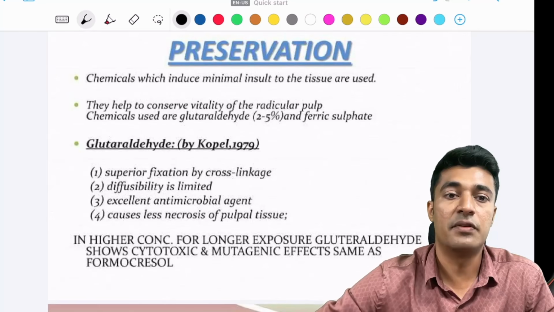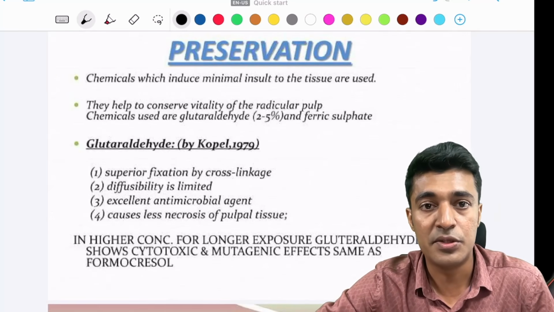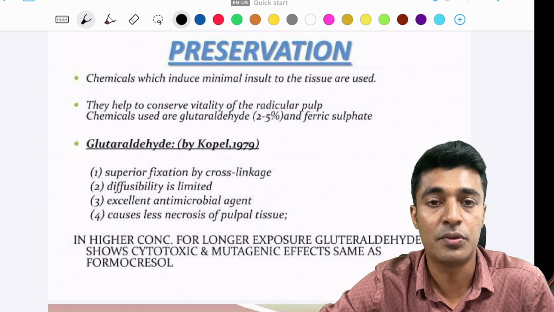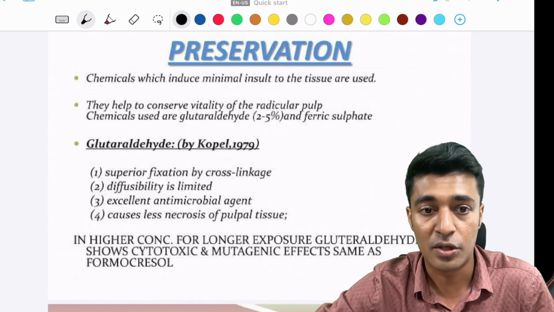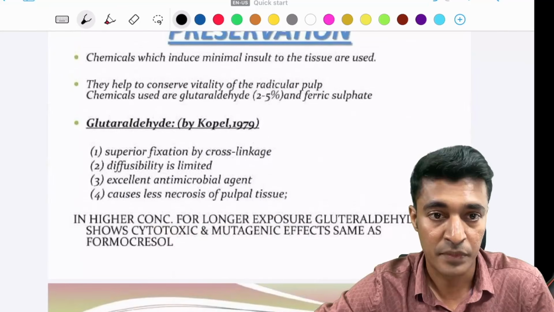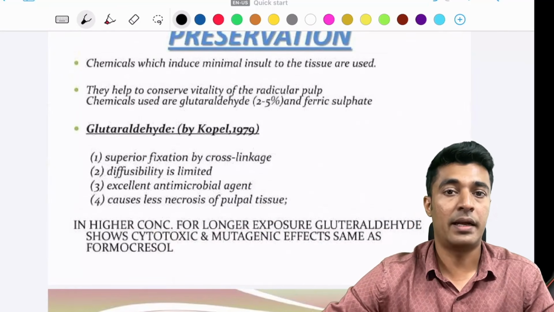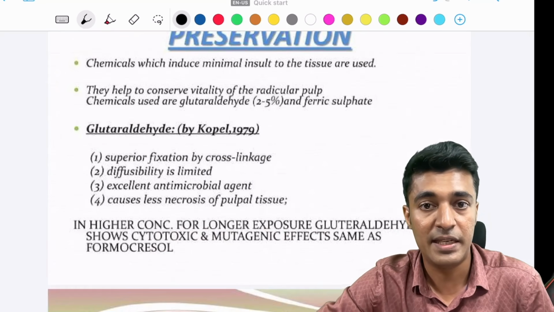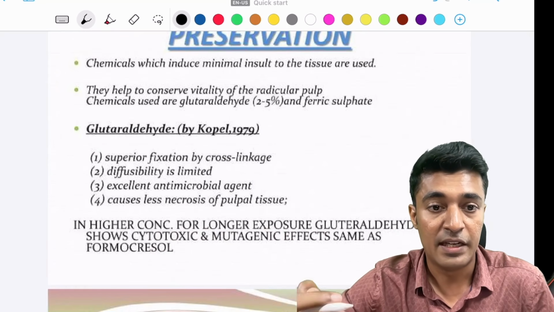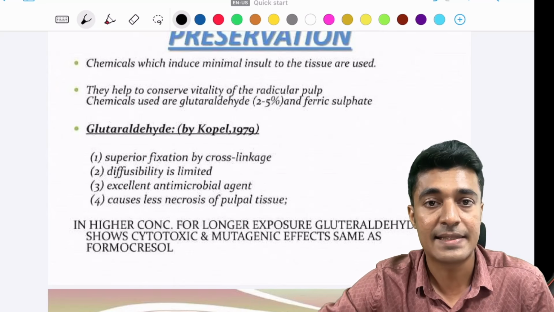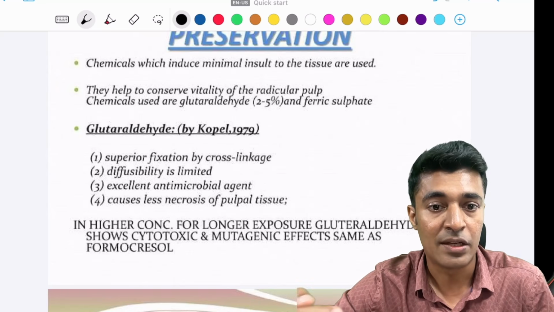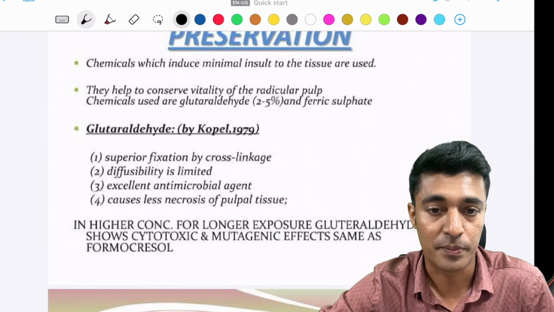So coming to the preservation part, chemicals which induce minimal insult to the pulp tissue are used. Those chemicals include glutaraldehyde and ferric sulfate. The advantage of using glutaraldehyde is that it has superior fixation, its diffusibility is limited, it has excellent antimicrobial action, and causes less necrosis of the pulp tissue.